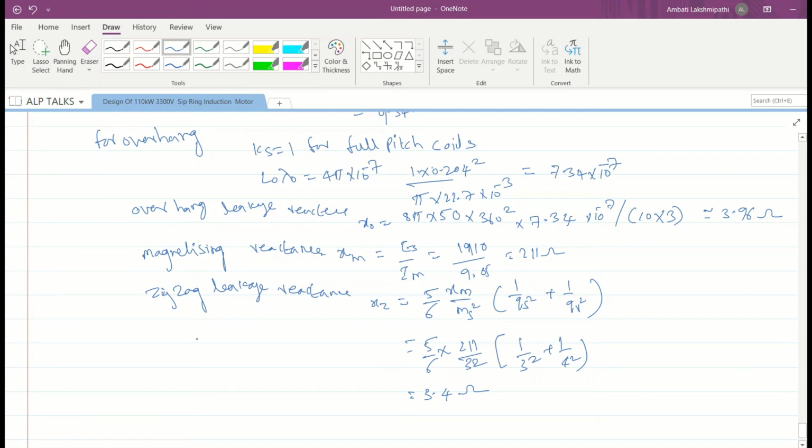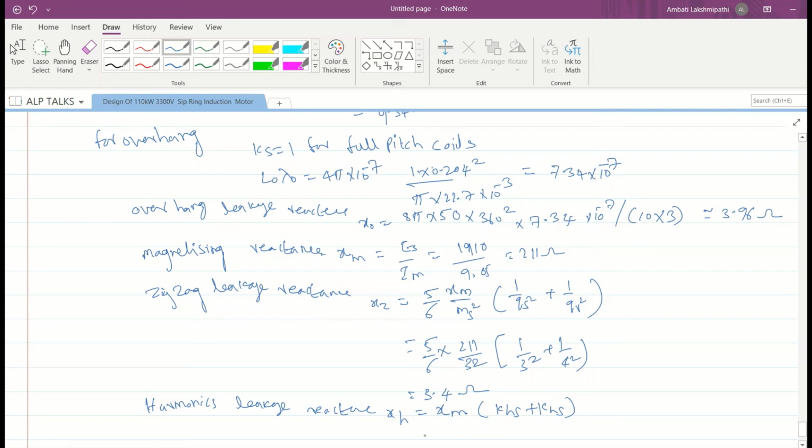So let's calculate harmonic leakage reactance. There are some harmonics also. That value is Xh, which is Xm into khs, similarly khs, that is the factor we will use.